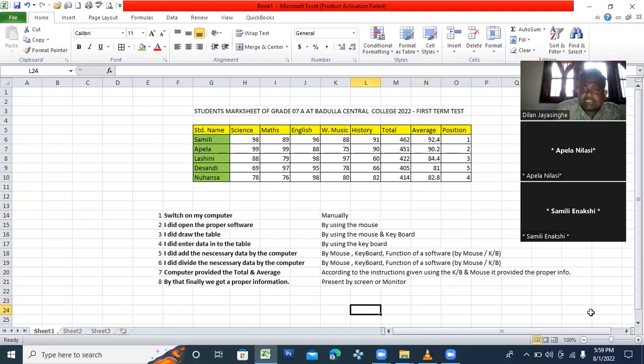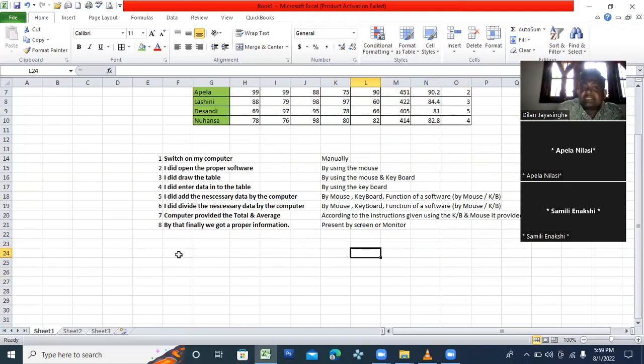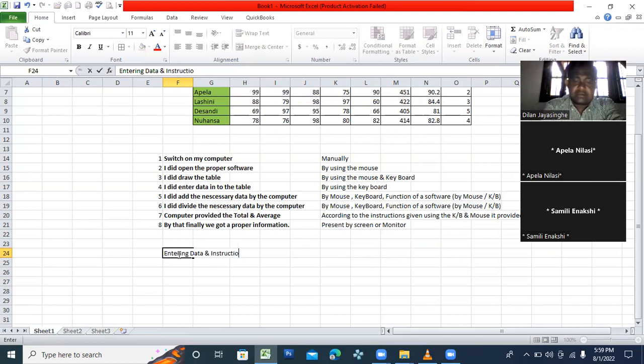Then this entering data and instructions part is happening by keyboard and mouse, right?